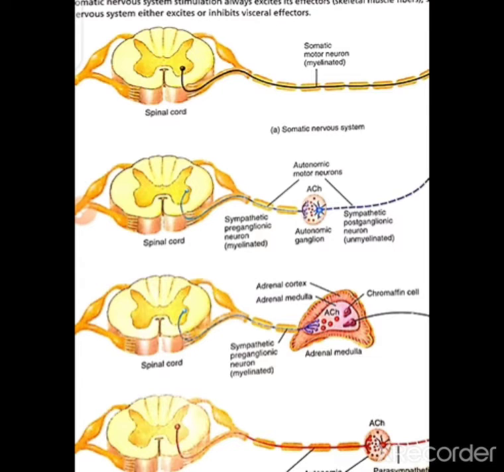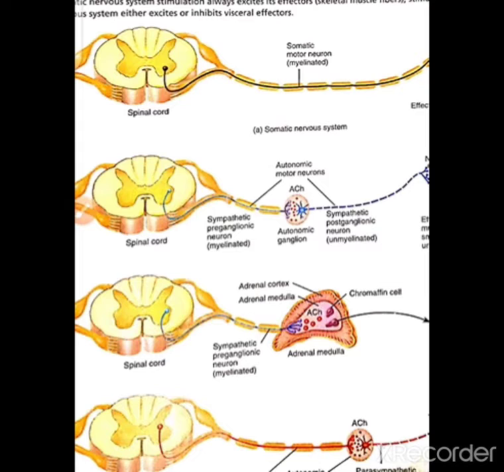Here you can see the sympathetic preganglionic neuron from the spinal cord going to the autonomic ganglia. In the sympathetic division, there is the sympathetic trunk ganglia or prevertebral ganglia.